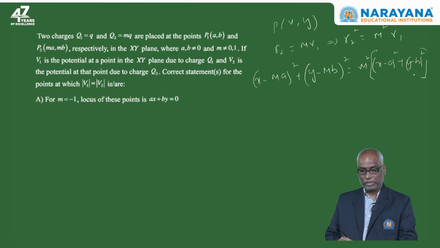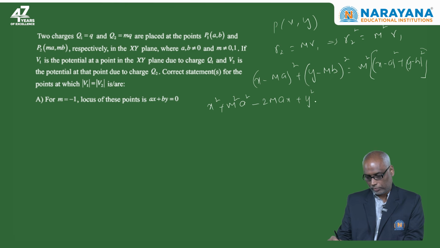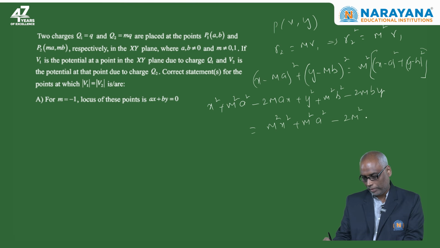Now, on expansion of this equation we get x square plus m square a square minus 2max plus y square plus m square b square minus 2mby should become equal to m square x square plus m square a square minus 2m square ax plus m square y square plus m square b square minus 2m square by.